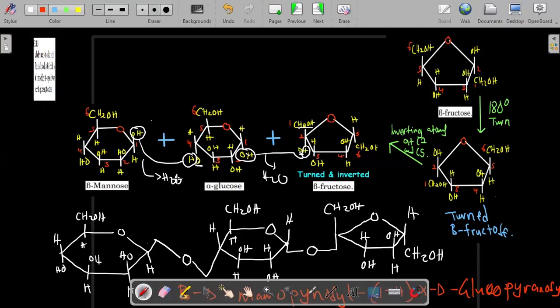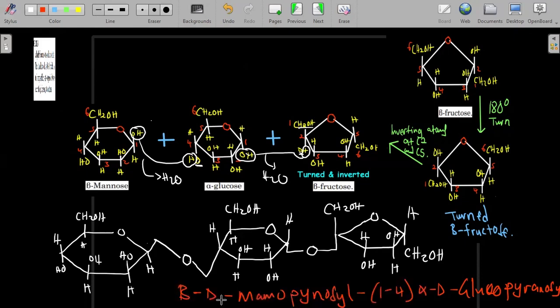So what we are going to have is beta D mannopyranose, 1 to 4 alpha D glucopyranose, and then this glucopyranose, which is this one here, is connected to this beta fructose by a 1 to 2, and then I have the beta D fructopyranoside.